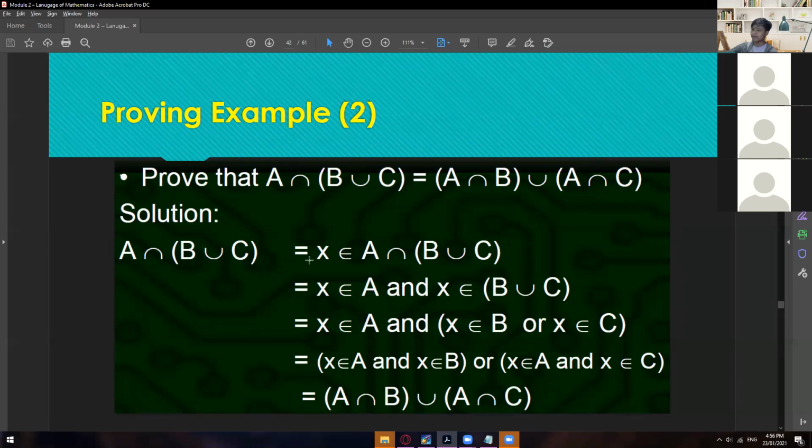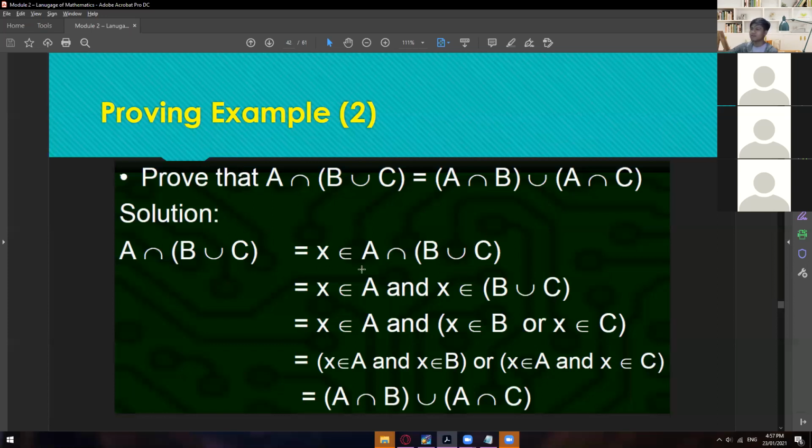The first thing that we did here is to write it in set notation wherein x is an element of A intersection B, union C. I was about to say 'and then or', but in module 2, we call this intersection and then union.